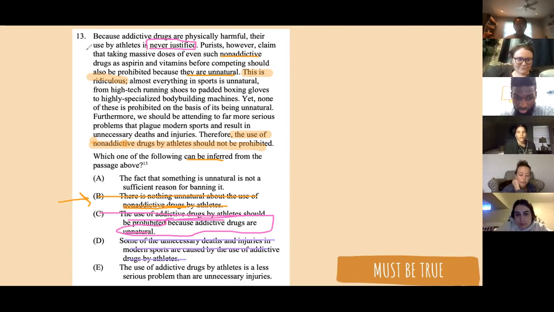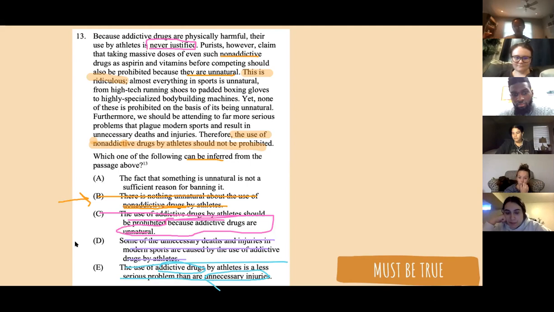It's just kind of conflicting because that's not really what the author is saying. He is saying that it is a serious problem, and he's not really stating that it's less serious than unnecessary injuries. Do we ever compare addictive drugs to unnecessary injuries? Nope.